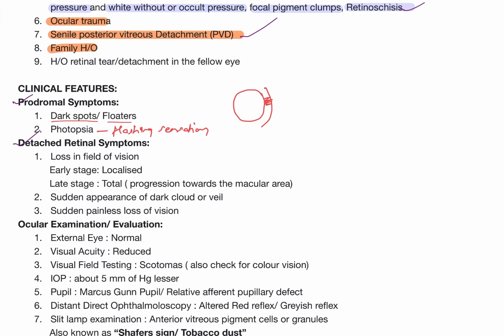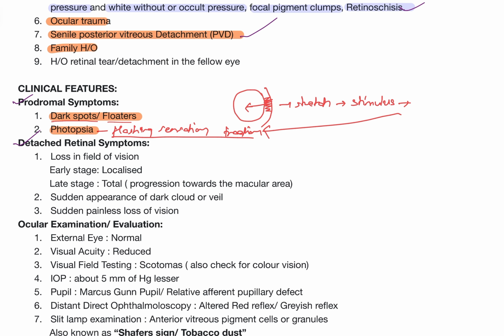When you are having some vitreoretinal adhesions, this vitreous will create a traction, right? The traction will lead to stretch of your retina. That stretch of your retina will lead to generation of stimulus. That stimulus will appear as flashing sensation. That is your photopsia. To write in exam, you can remember dark spots or floaters or photopsia.